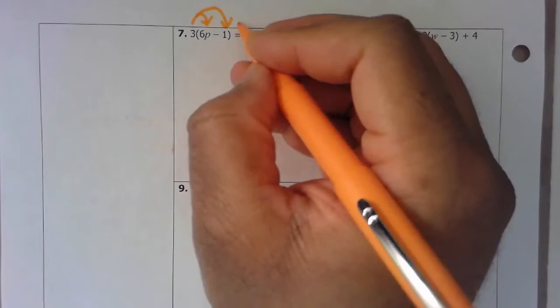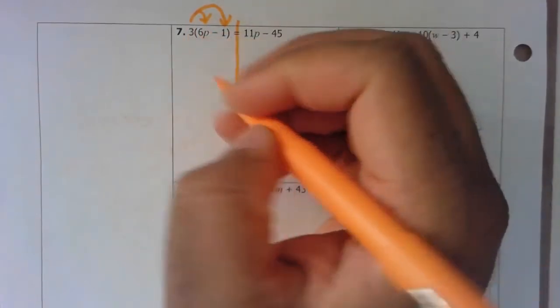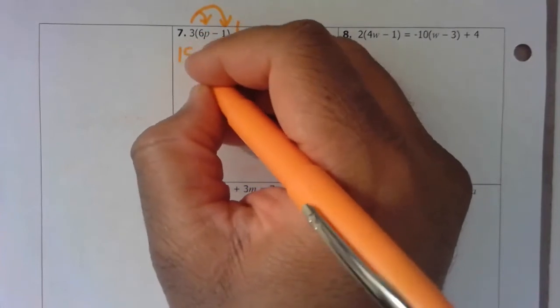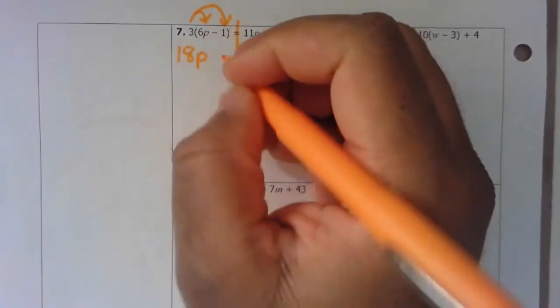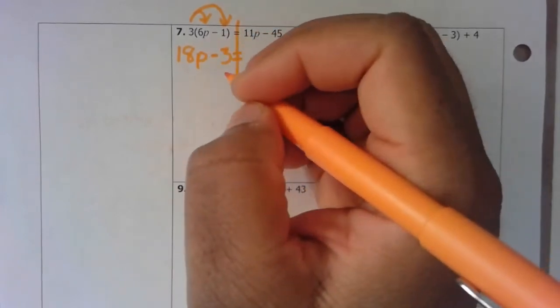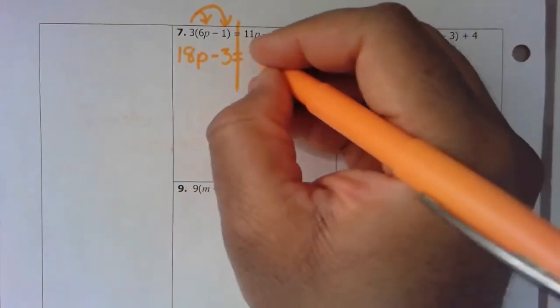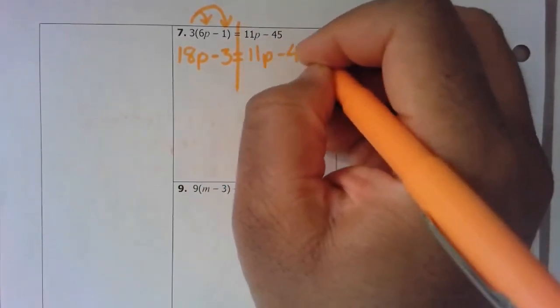So let's take a look at this number. So we have 3 on the outside times 6, which is going to give me an 18p. And then I'm going to have 3 times that minus 1, which will give me a minus 3. And then I can bring down what's on my right-hand side. So I'm going to have 11p minus 45.